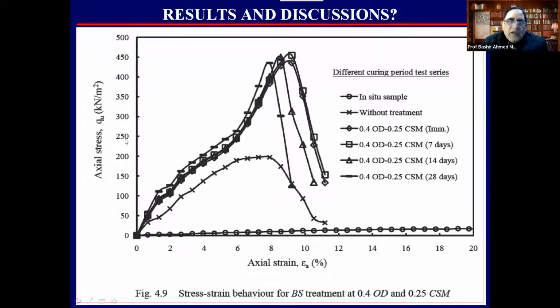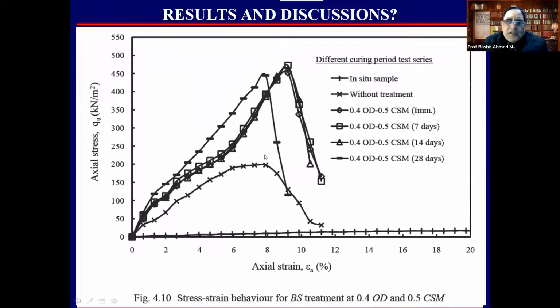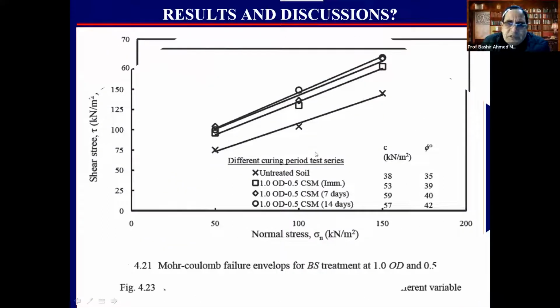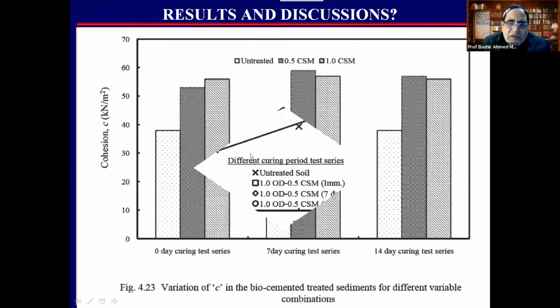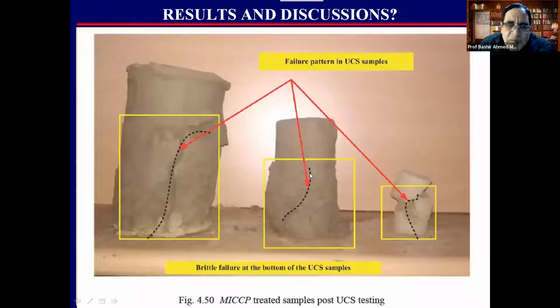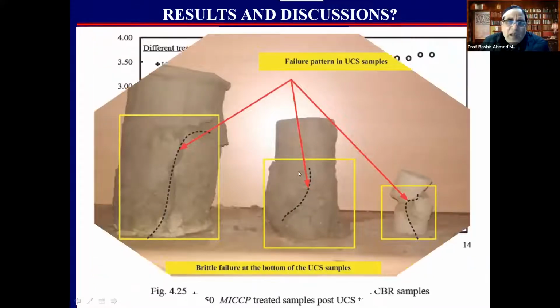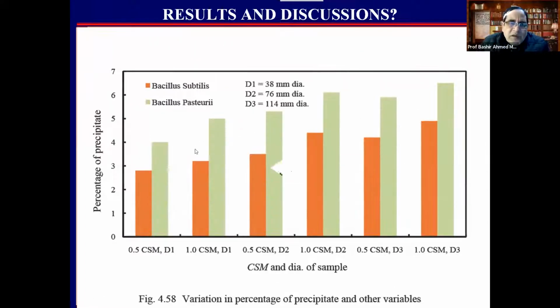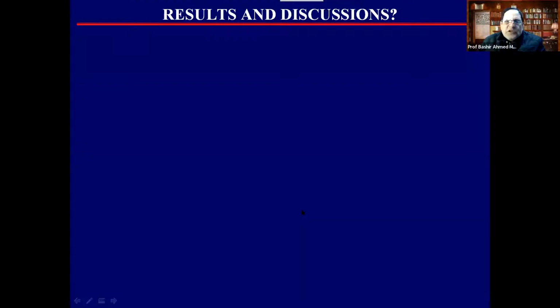You can see again here, strength is increased. Likewise, in the shear density test, we see that shear strength is increased. Here is a comparison, and this is the soil after testing. We see the failure plane has been recorded over here, and the CBR test also shows the increment compared to the untreated soil. Then this is the comparison of various bacteria at different molarities and cementitious molar solutions.